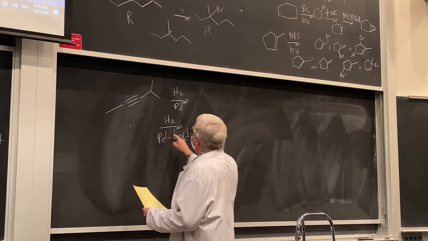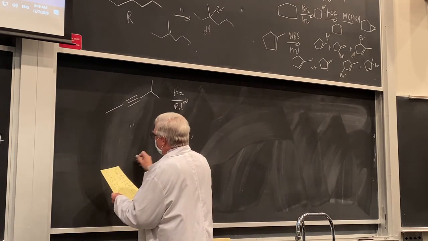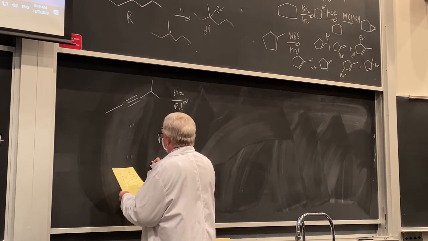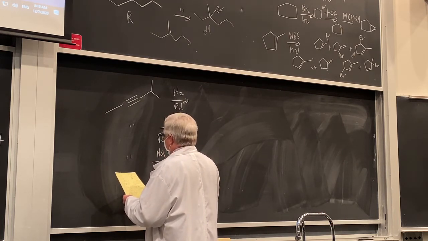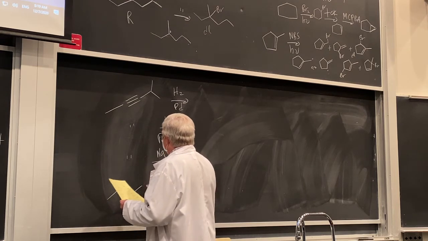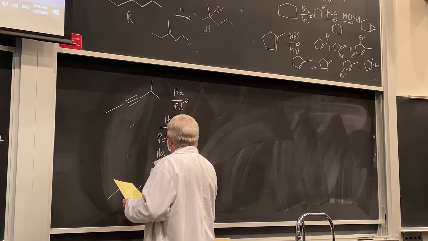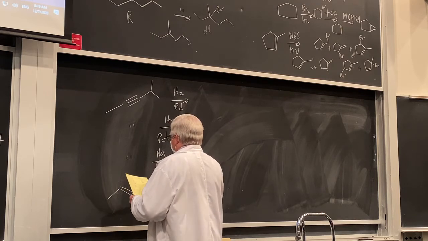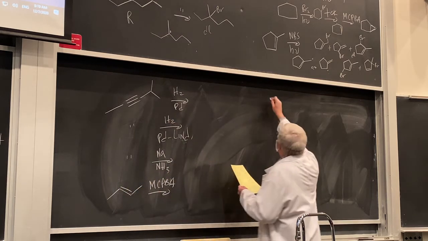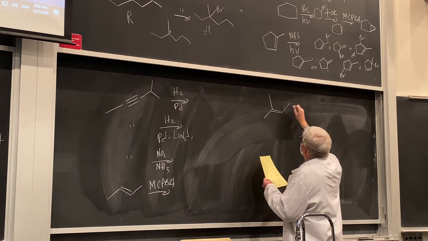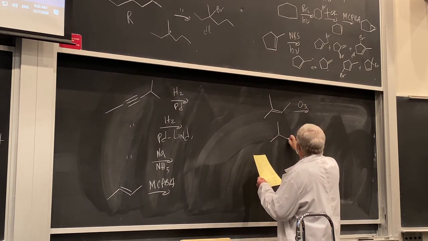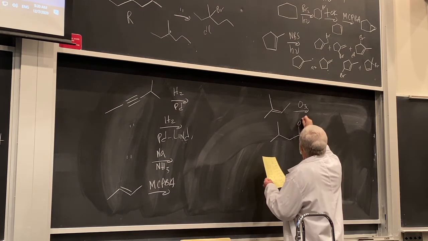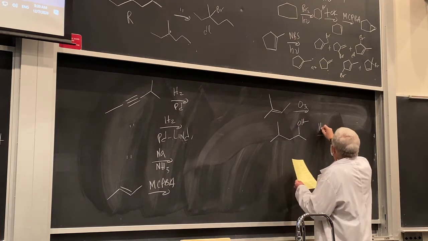So same substrate, but with the Lindlar catalyst. And then same substrate, but with sodium metal and ammonia. And then an alkene here with MCPBA. And how about an alkene here with ozone? And how about this with chromic acid?